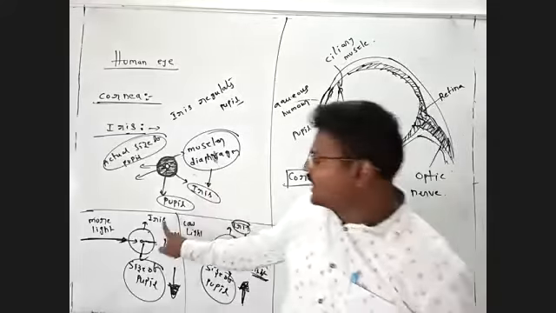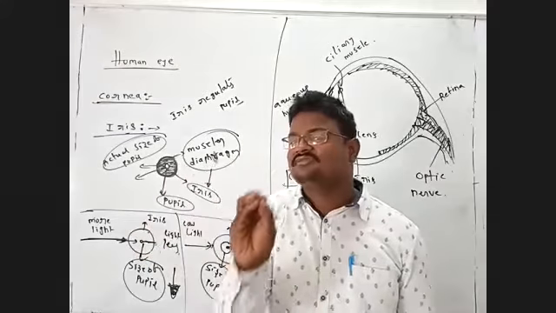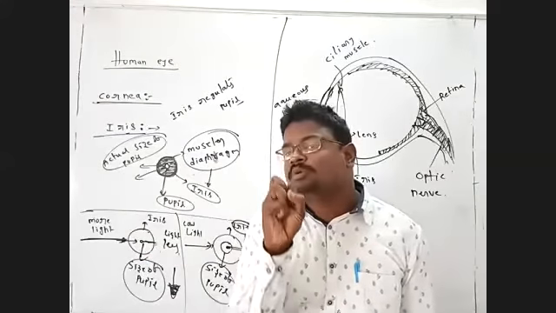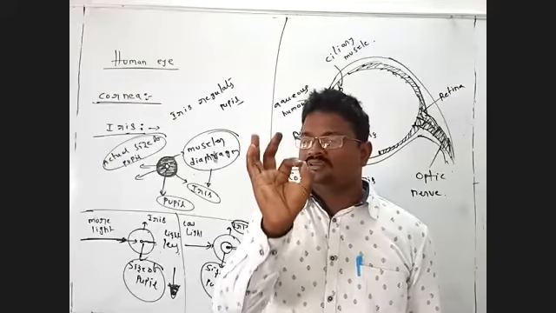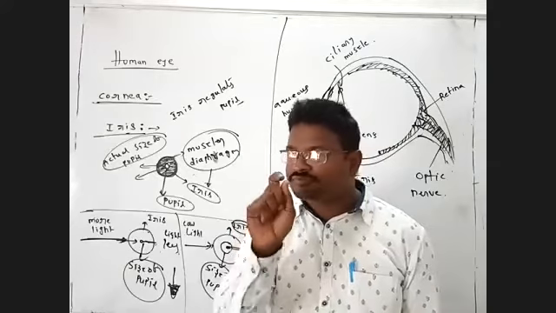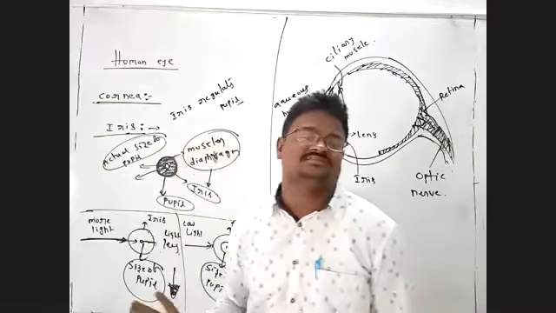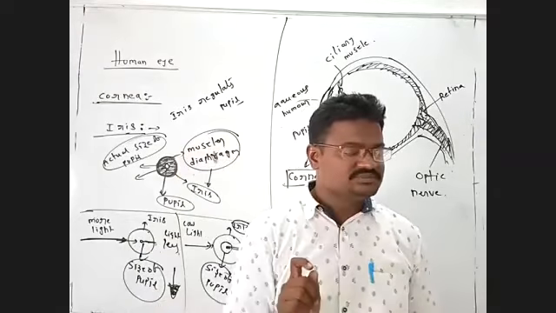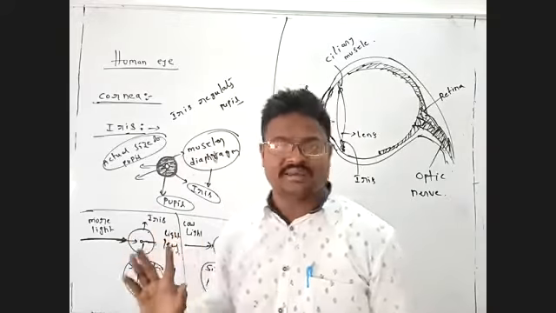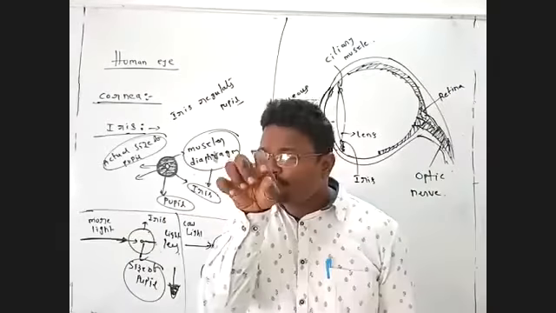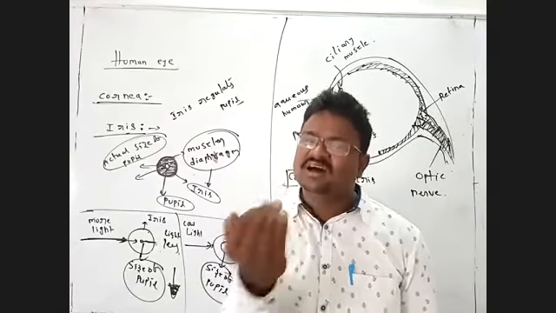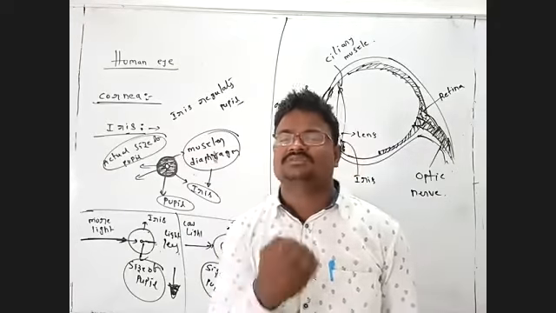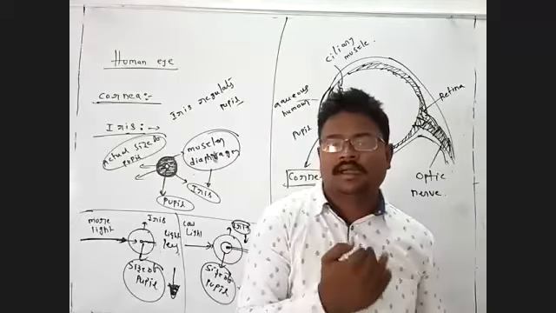At that time the iris will contract the size of the pupil. The size of the pupil becomes very small by the iris, and a very small pupil allows less light.